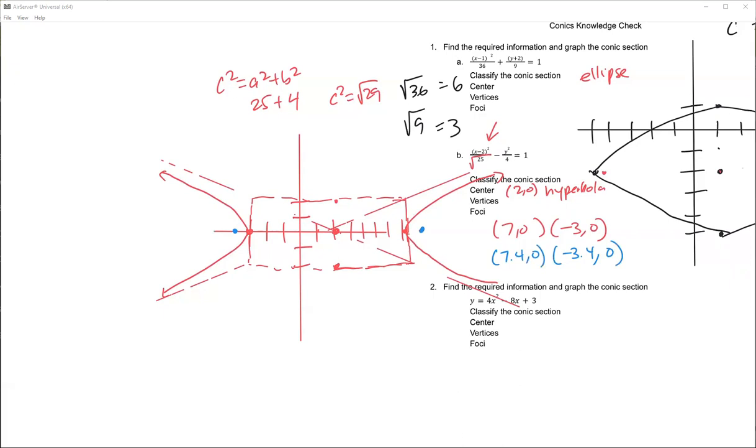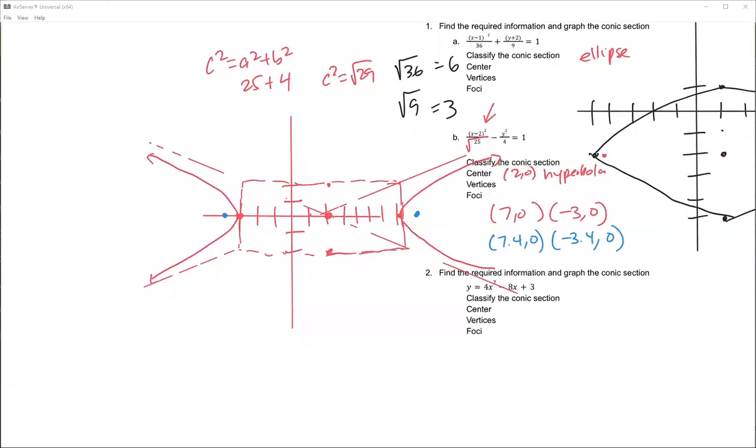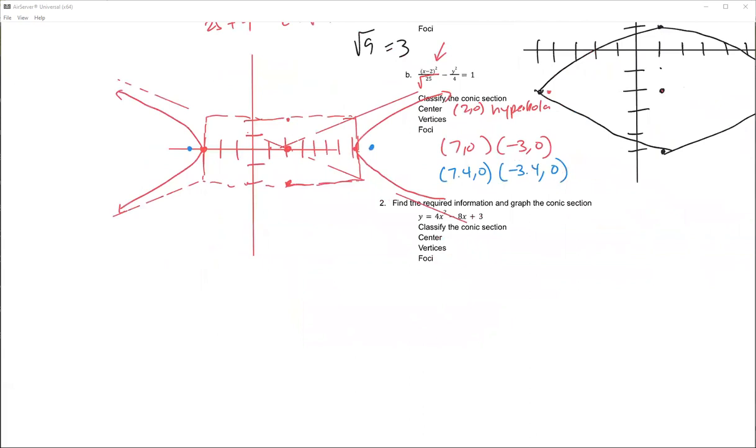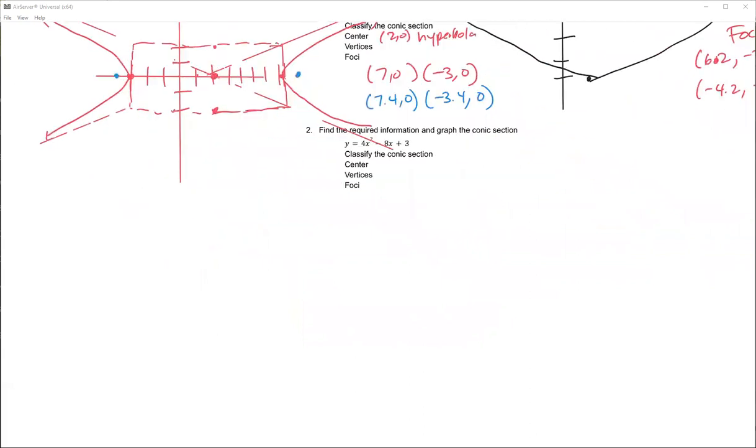All right. Number 2 would be find the required information of the given. So if you see this, this is a parabola right away. Okay, and then what you want to do is with something like this, you want to complete the square.